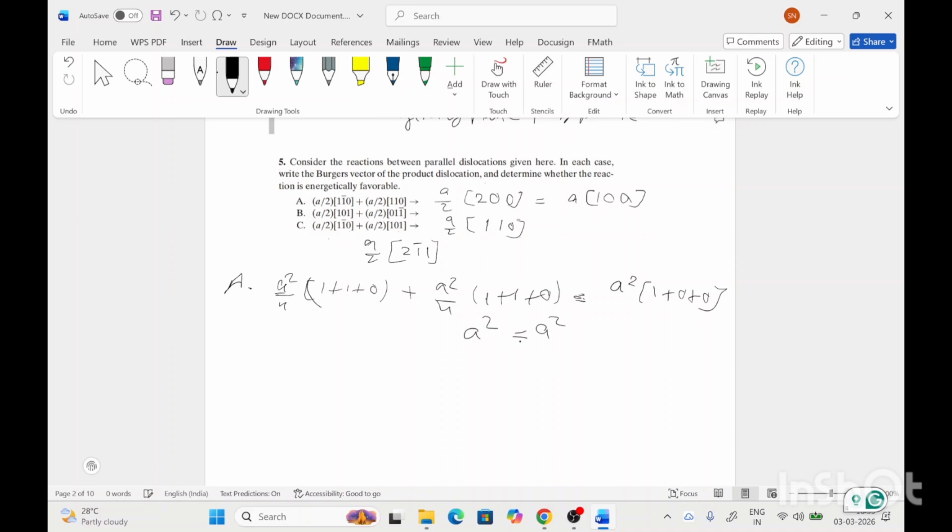The energy is equal before and after the reaction, so this case is also feasible, energetically favorable, because the energy is not increasing after the reaction.